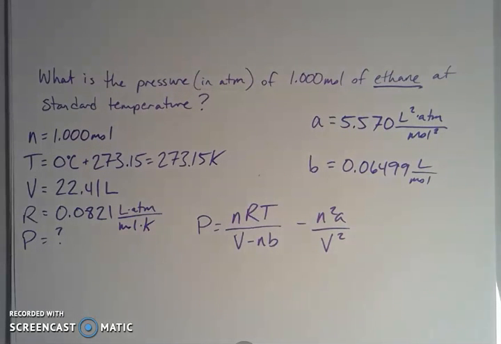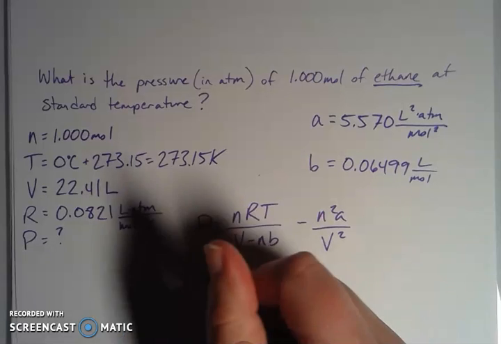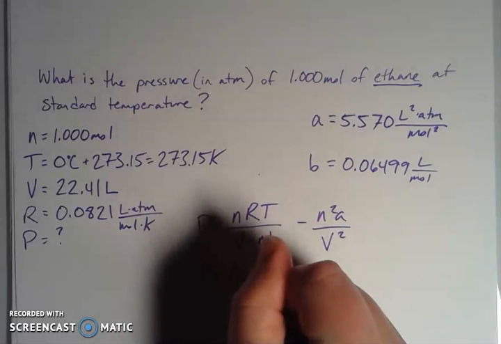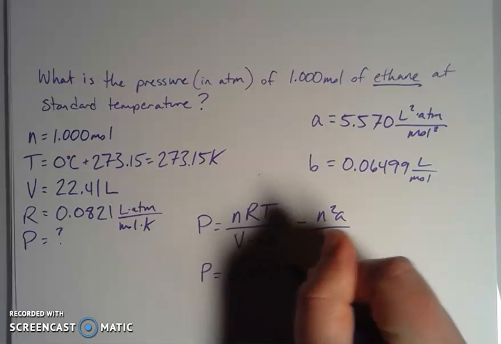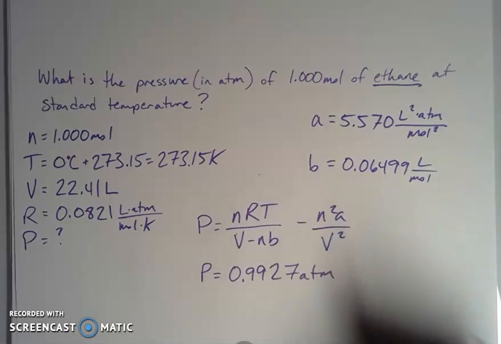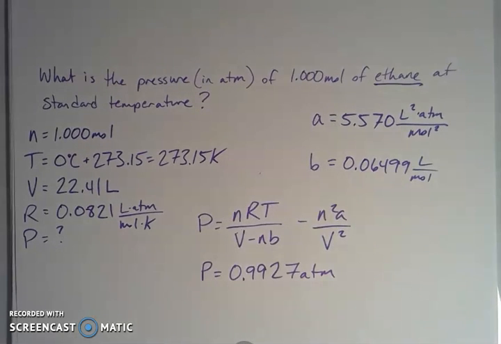So I rearranged my equation and solved for P. Then when I plug in my values for everything else, because all I'm doing is just substituting in, I end up with a pressure of 0.9927 atmospheres. And again, run the numbers, check it for yourself, make sure that jives with what you're thinking.